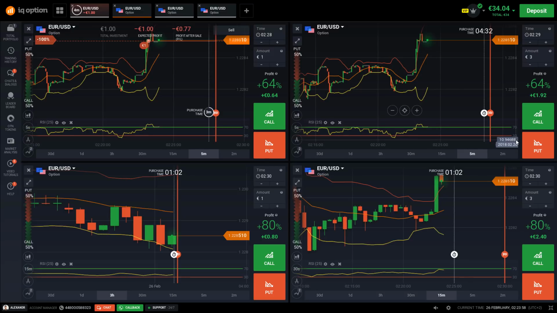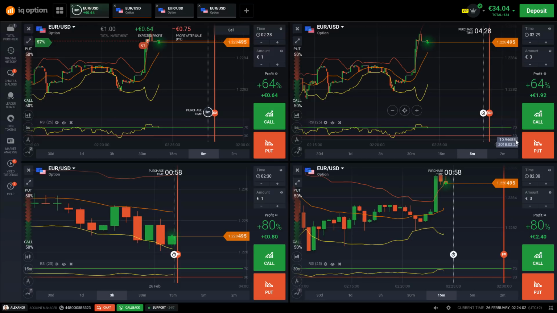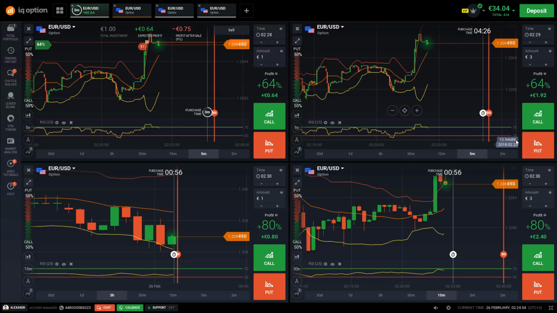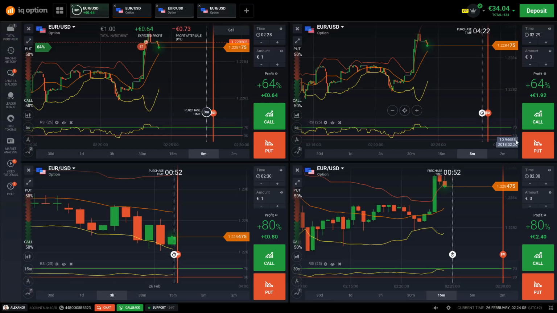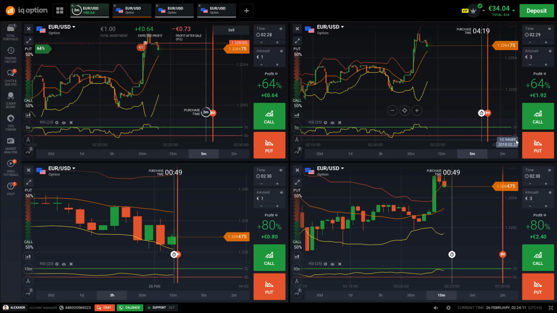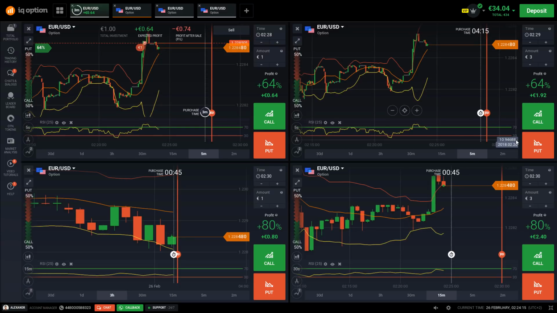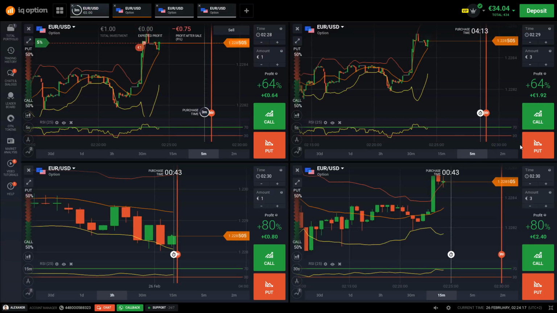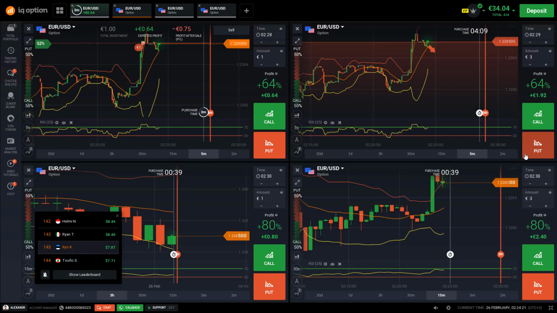And I'm making one more option prepared for the top right window with extra 1 minute expiry than left top window. In case left top window fails, I can follow it up on the right top window.